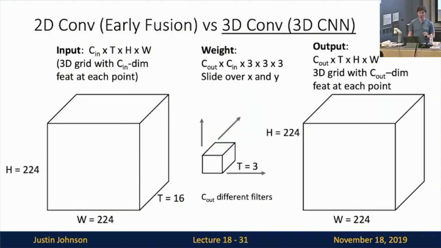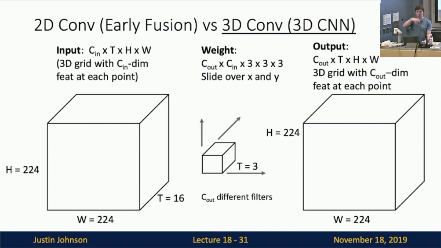In contrast, if we use 3D convolution to process our temporal data, then as input, we accept the same cube with two spatial dimensions, one temporal dimension, and a feature vector at every point in this cube. But now our convolutional kernel extends over only a very small region in both space and time. So we're going to slide the filter over all the spatial dimensions as well as over the temporal dimension.